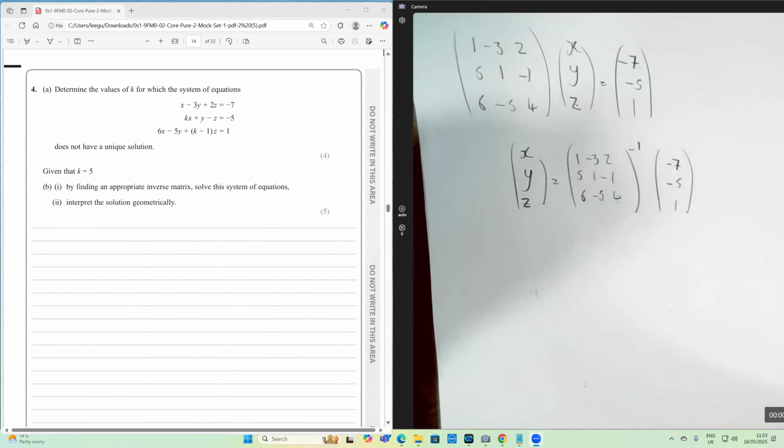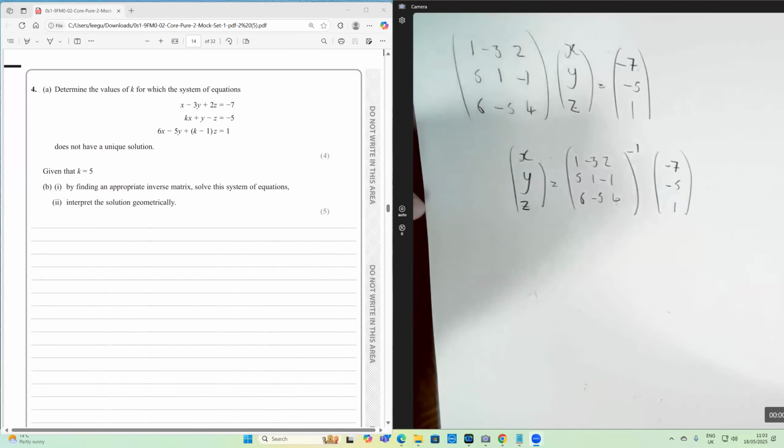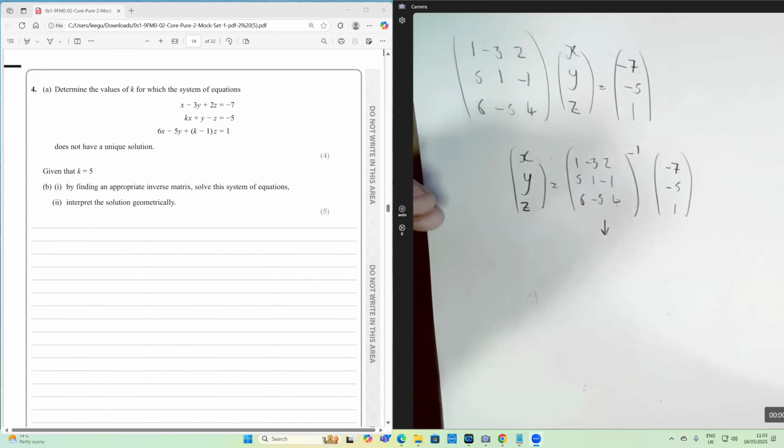And we can literally just program that into our calculator and find the inverse, which I'll do the details of how you enter that into your calculator more fully in another video.